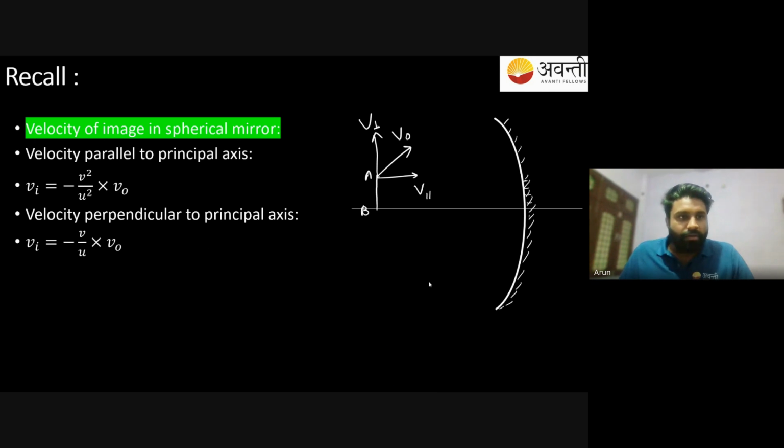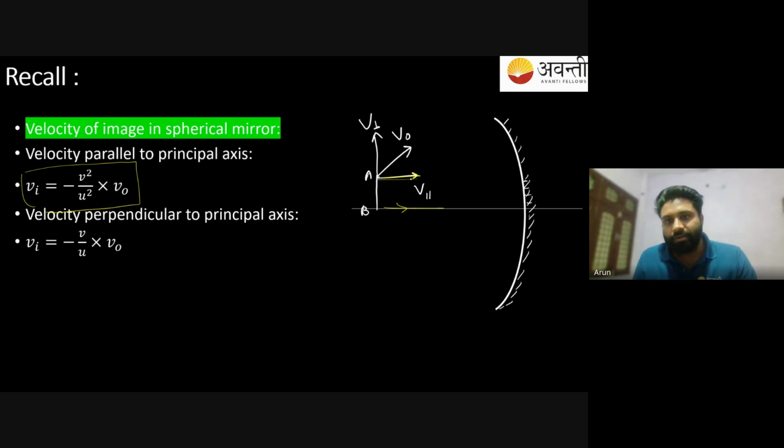Then the velocity of the image in a spherical mirror, we have also discussed it. This is the velocity parallel to the principal axis.